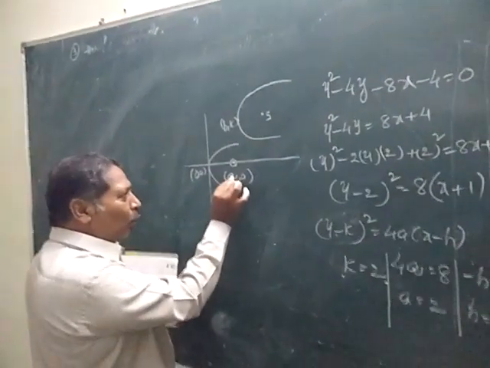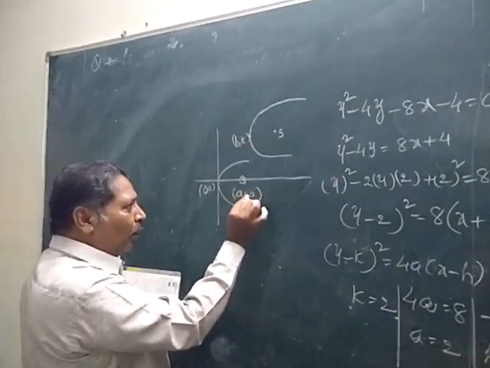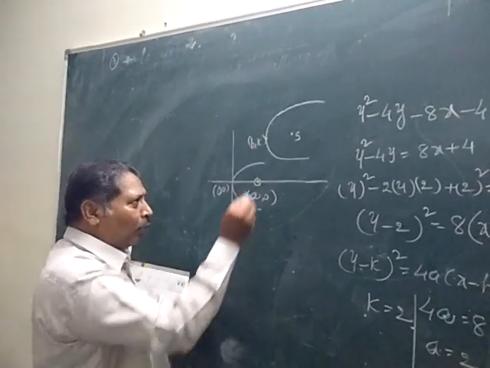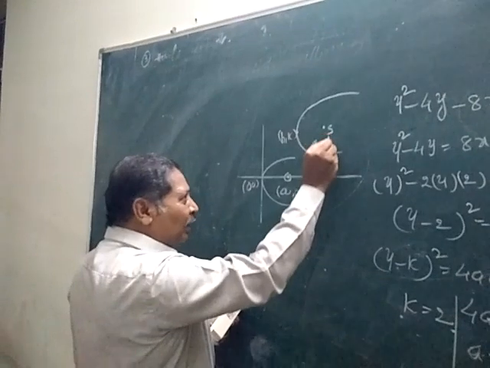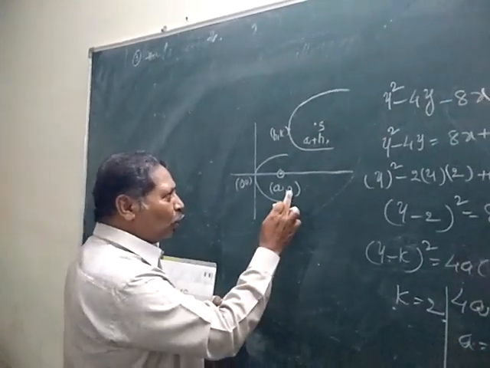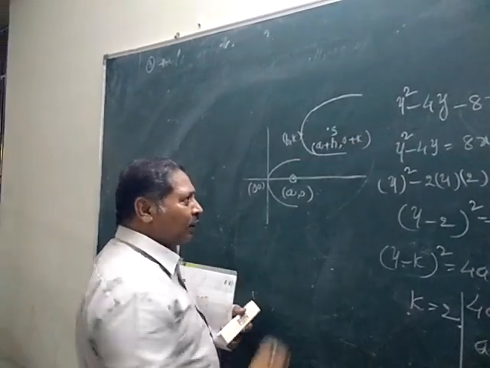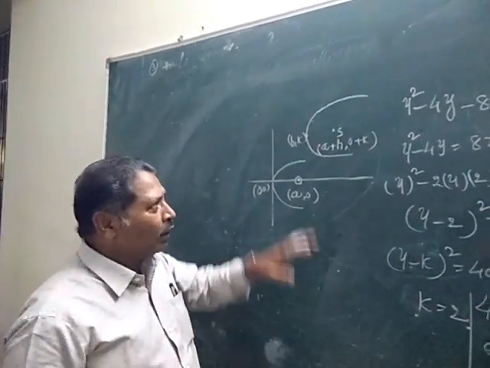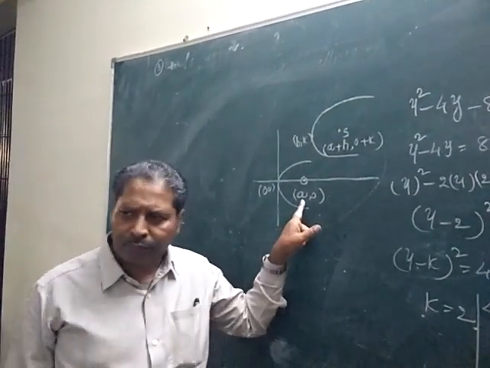For the x value, add the x term. For the y value, add the k term: a plus h, 0 plus k. This is the focus of this parabola, from the standard form.